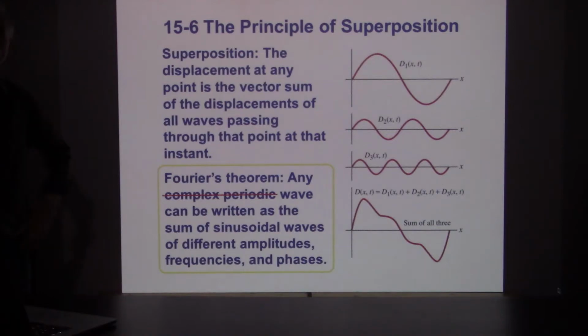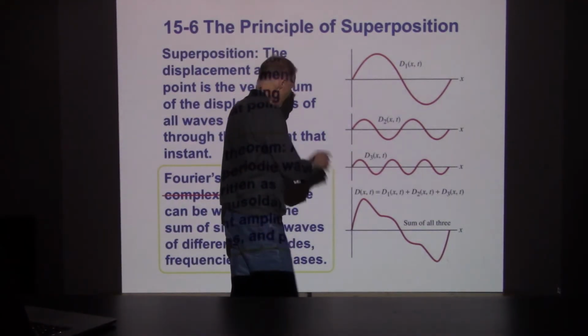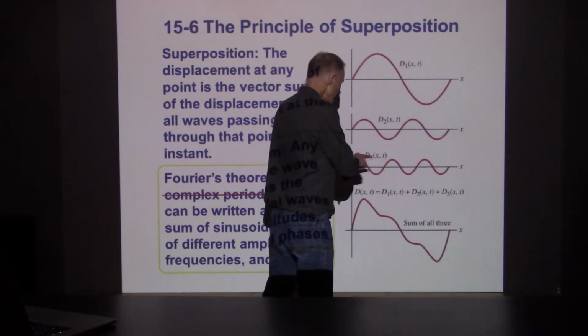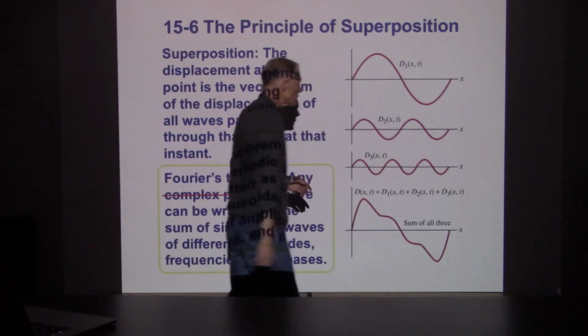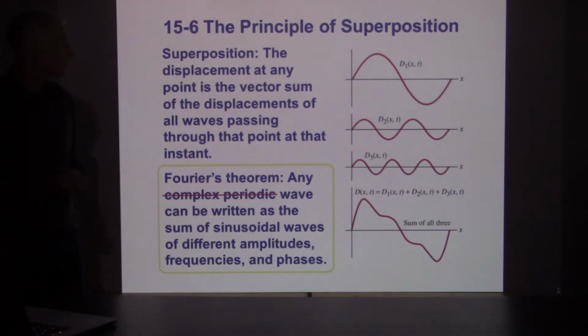And that means we can create pretty much any shape we want. So we can start with any shaped function we want, and then we can make it time dependent so that it all moves together, that profile, either to the right or to the left. So that's easy enough to do mathematically.